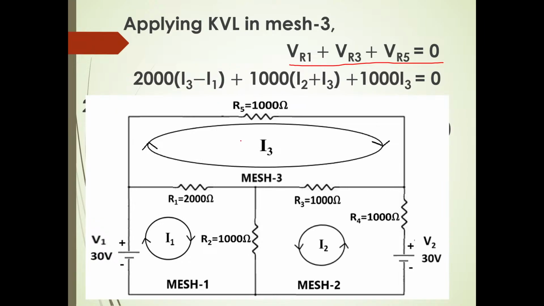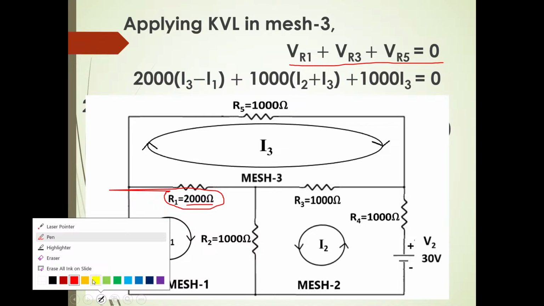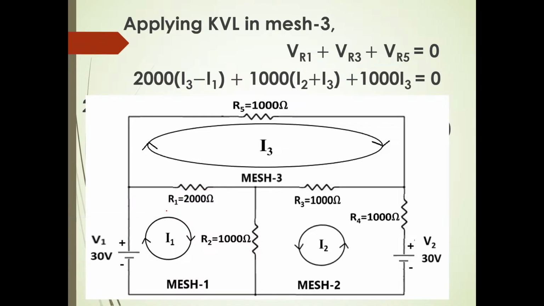Okay. So now what is VR1? VR1 is the voltage drop across R1. What is the R1 value? 2000. So 2000 into current. How much is the current across R1? See, just observe here. R1 is between mesh 1 and mesh 3. So I1 current direction is this.